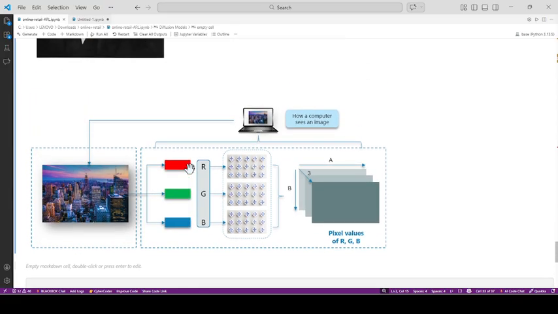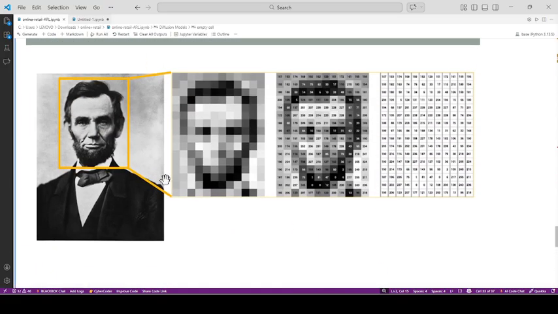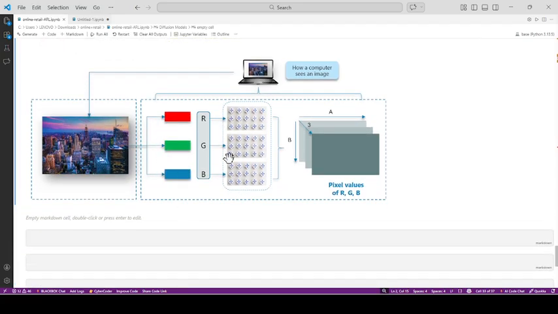How does a computer see an image, if it is black and white, if it is colored. I hope you got to know how the values are observed, how the images are read in the computer's eyes. So how does a computer read an image?